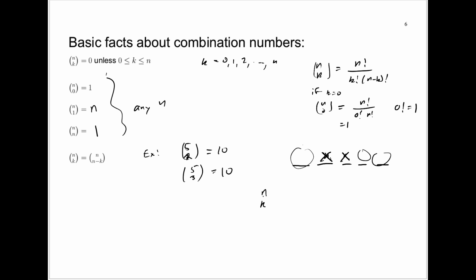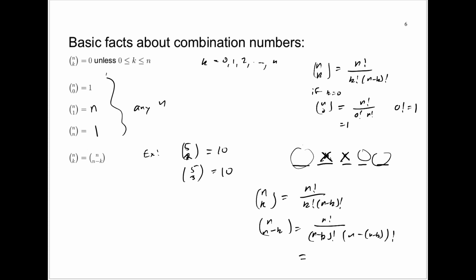n choose k. There's the formula for it, which says that's equal to n factorial over k factorial times n minus k factorial. If I just use that formula and try to compute n choose n minus k, that's going to be n factorial over, now I'll have n minus k factorial here, and here I'll have n minus (n minus k) factorial.